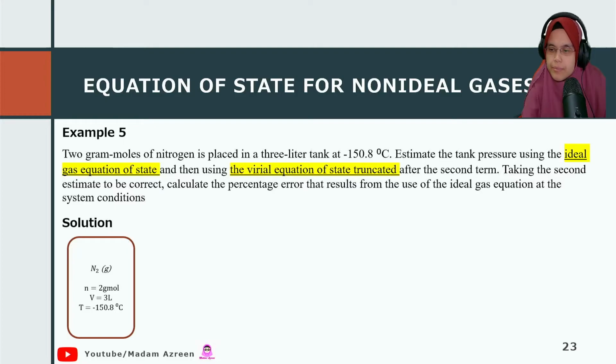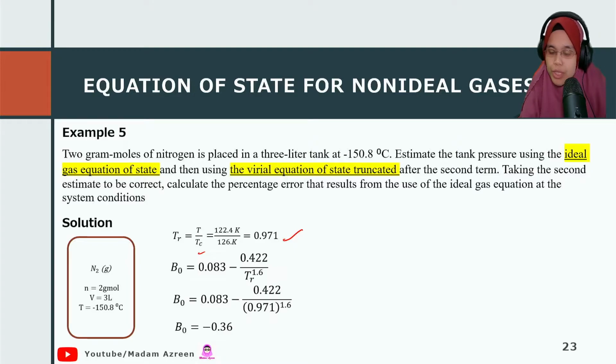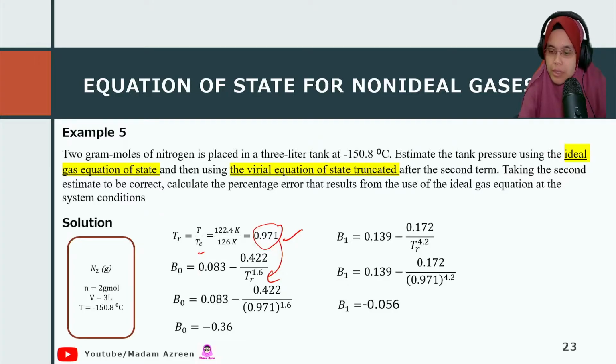And then you can start to calculate the value of TR using this equation, and then you calculate the value of B0. Just substitute the TR into this. And then you calculate the value of B1. Same procedure, but notice that they are different here and here.